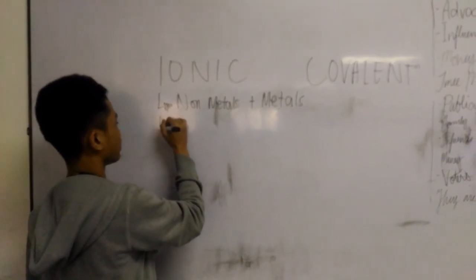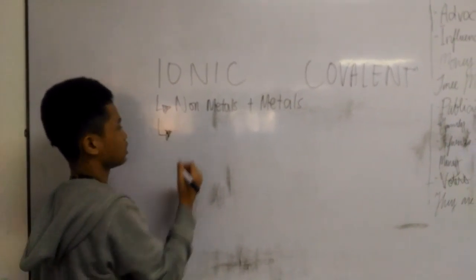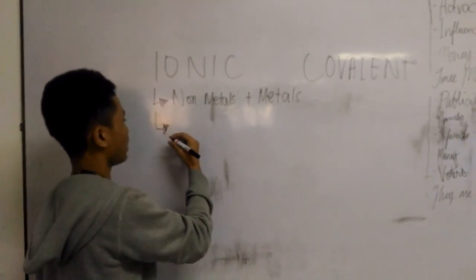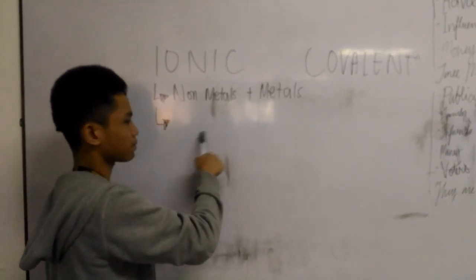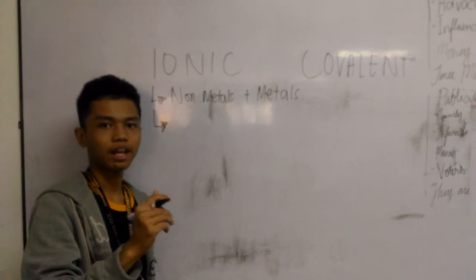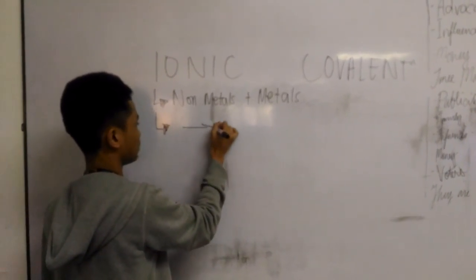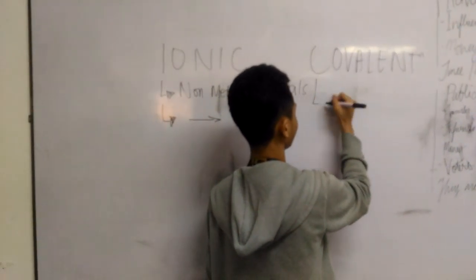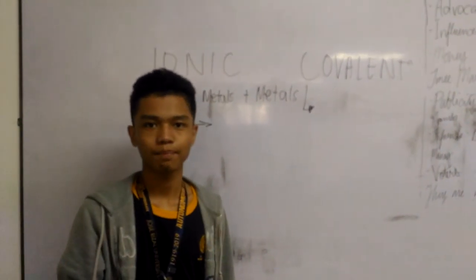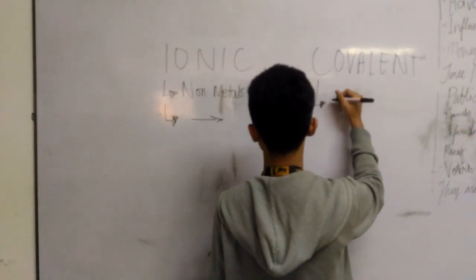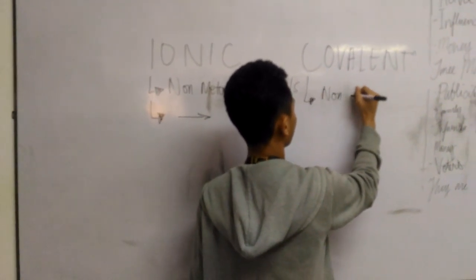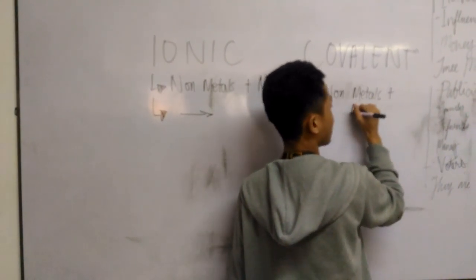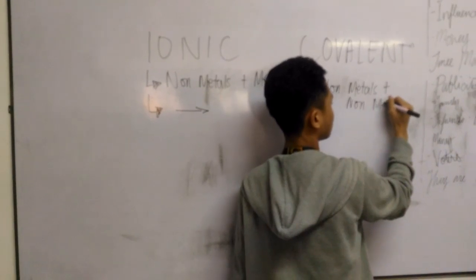So the electrons are being transferred, not being shared. So the arrow in bonding the chemical is an arrow. While in covalent, this pertains to the bonding between nonmetals plus nonmetal.